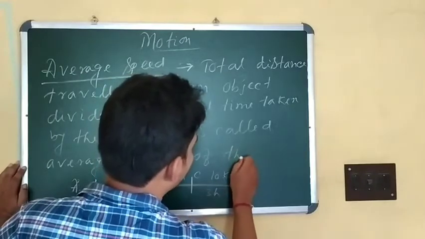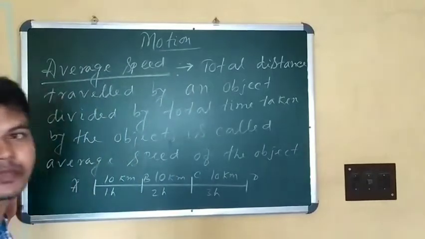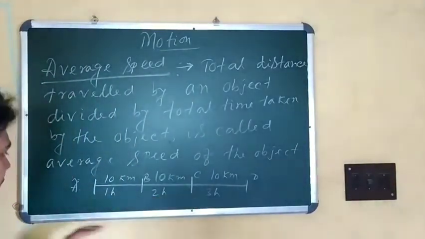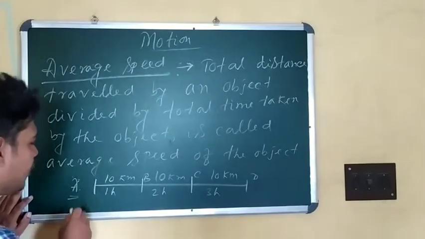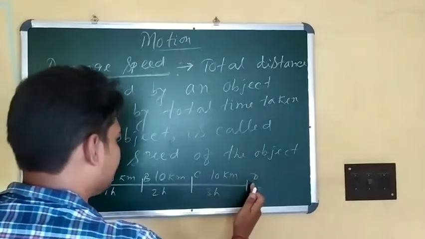Okay, so you just see this, that is the total path from A to D, A, B, C and D. That is the total path.